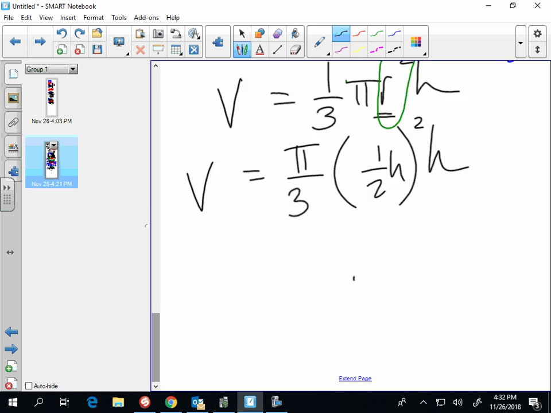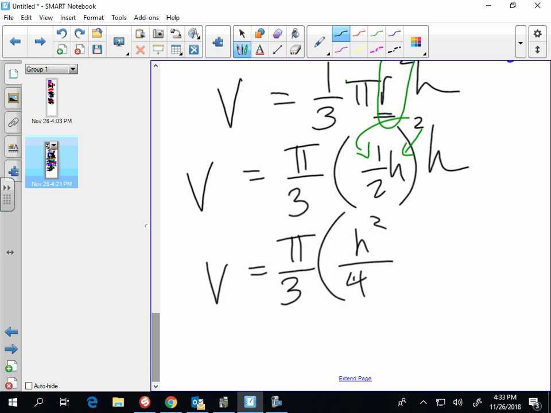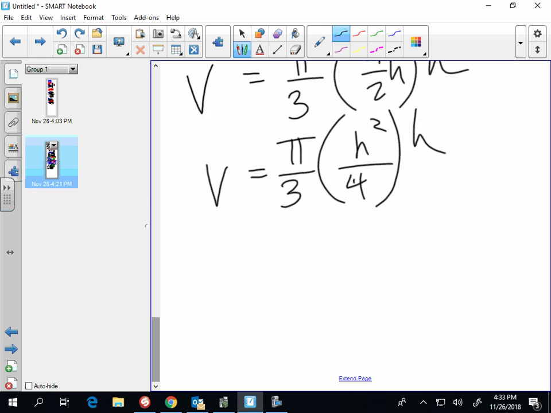Now, please make sure when you square the h, you also square the 1/2. So that's going to give me volume equals pi over 3, h squared over 4 times h. Or volume equals pi over 12, h to the 3rd. There's volume of the cone written only in terms of height.